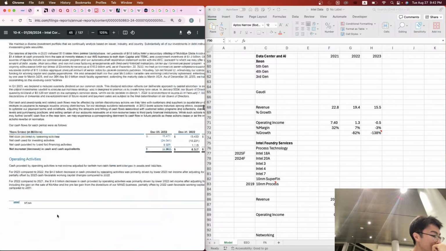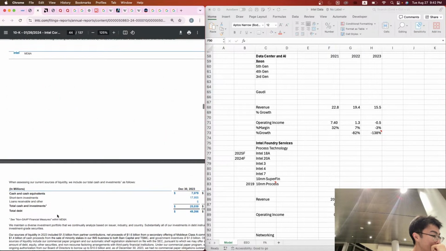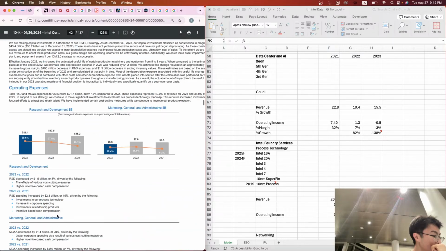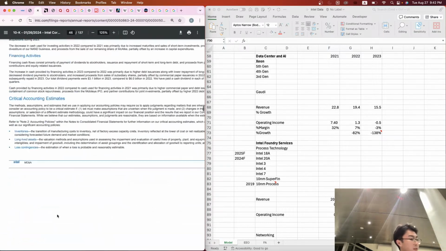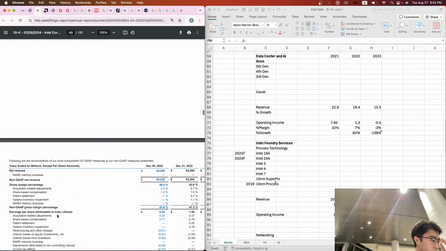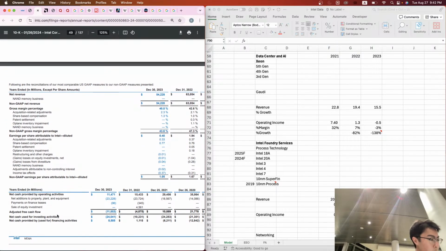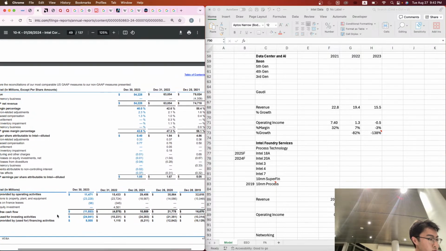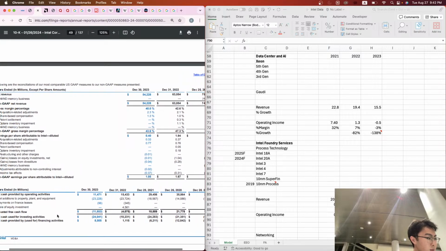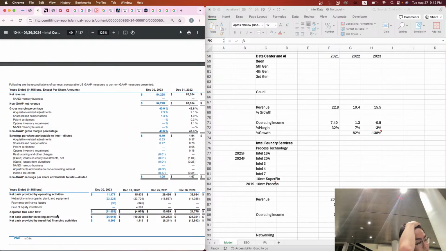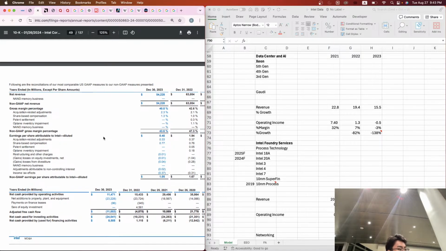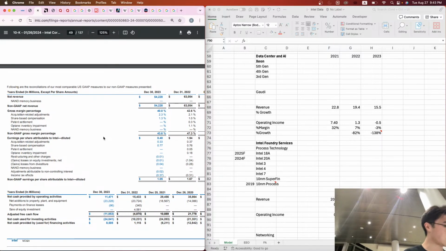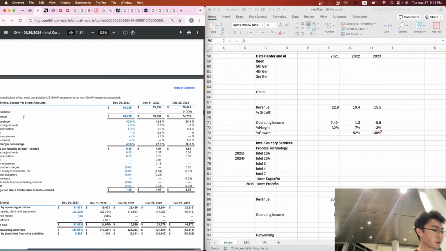Operating activities, restructuring and other charges, operating expenses. Okay, here we go. Net revenues. Okay, I guess Intel sold their storage business in 2021.